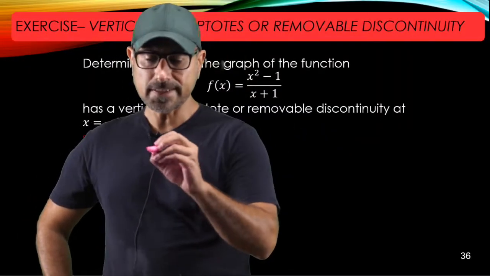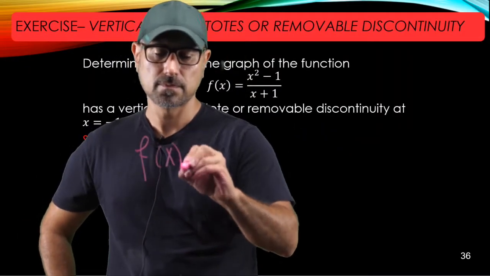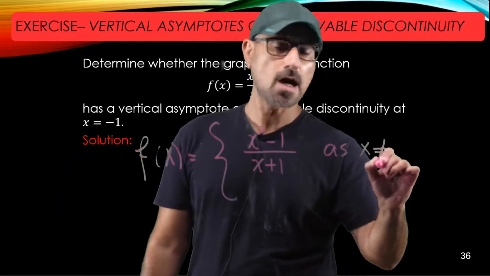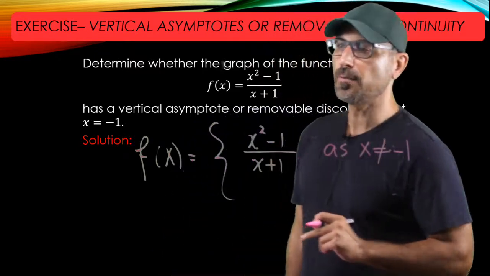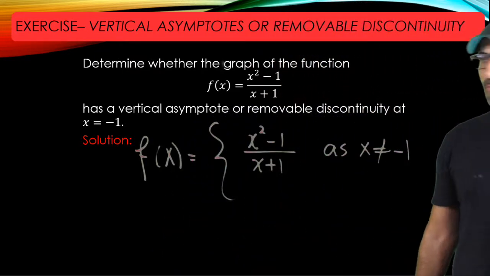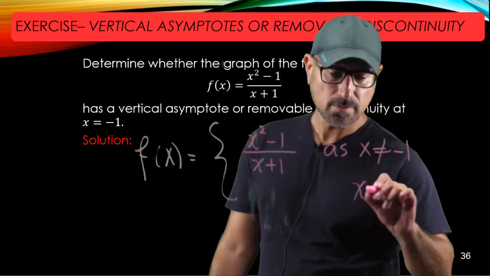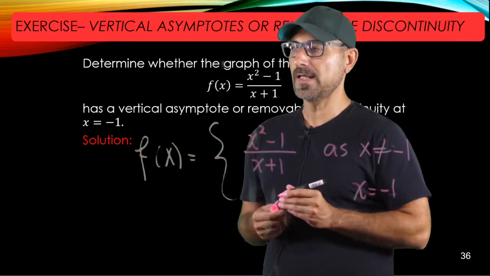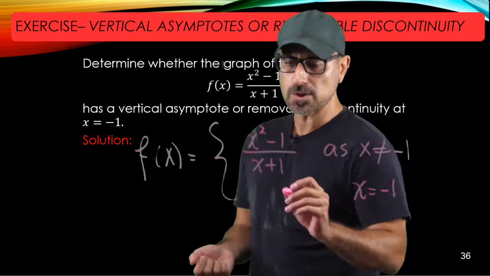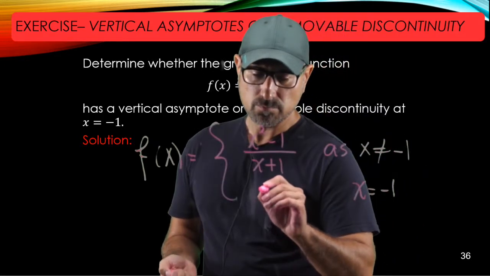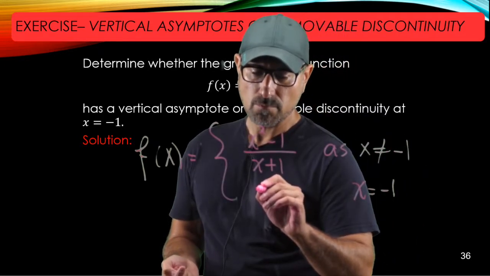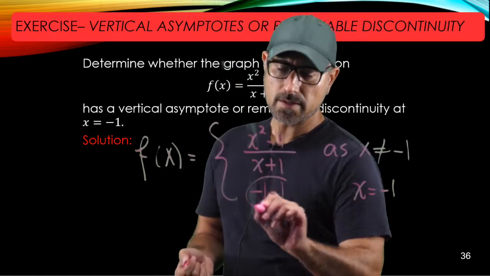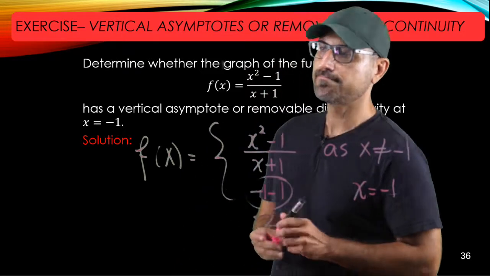So I redefine the function as the original expression for x not equal to negative 1, and for x equals negative 1, I can define the function to be the limit value, which is equal to negative 2.